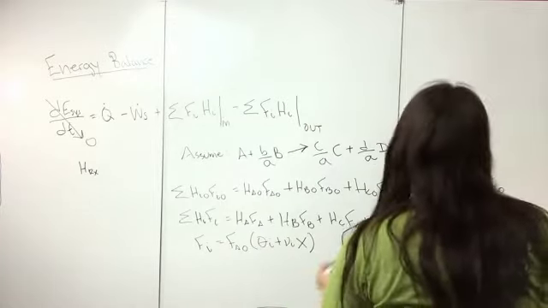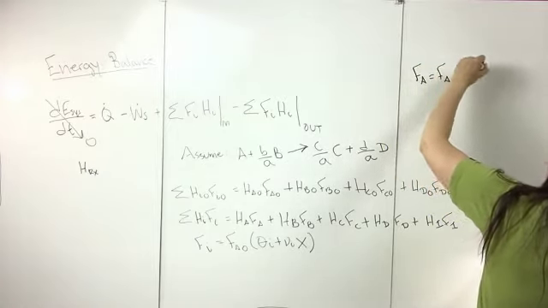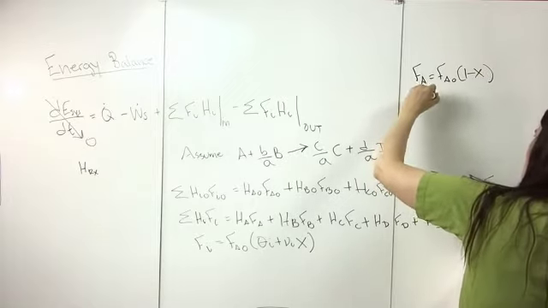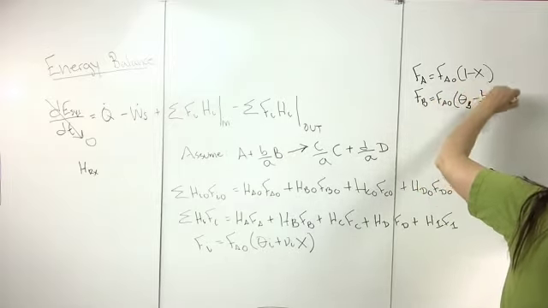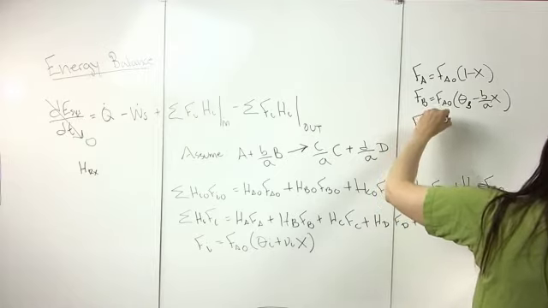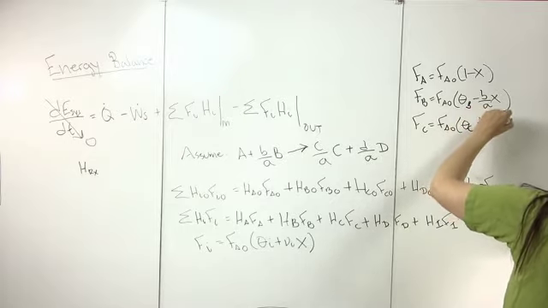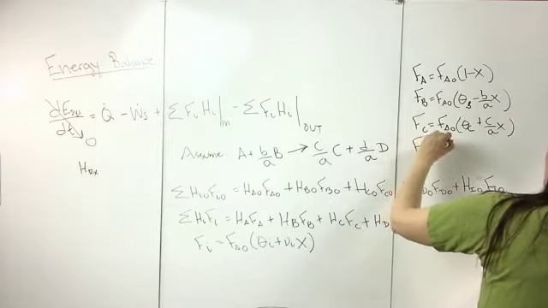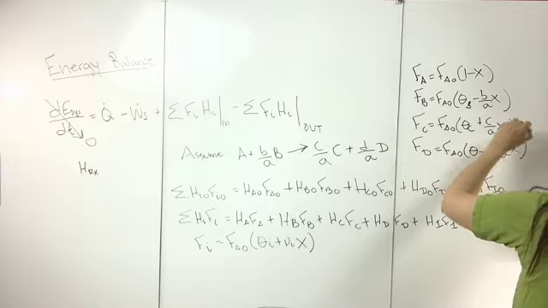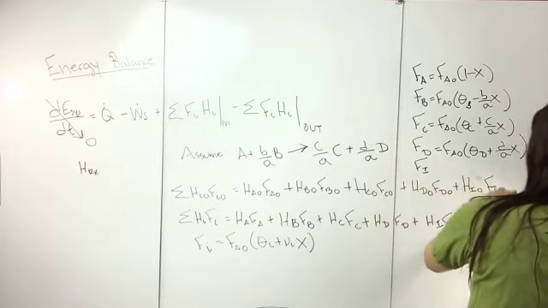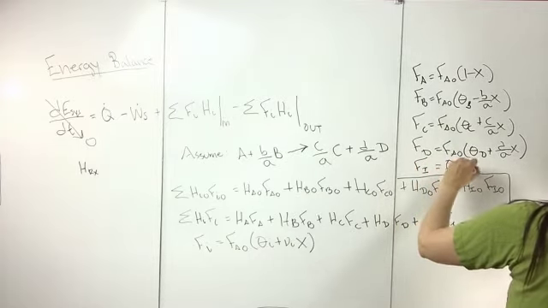So applying this, we get that F_A is equal to F_A0 (1 minus X), F_B is equal to F_A0 (theta_B minus b over a X), F_C is equal to F_A0 (theta_C plus c over a X), F_D is equal to F_A0 (theta_D plus d over a X), and F_inert is equal to theta_inert F_A0.